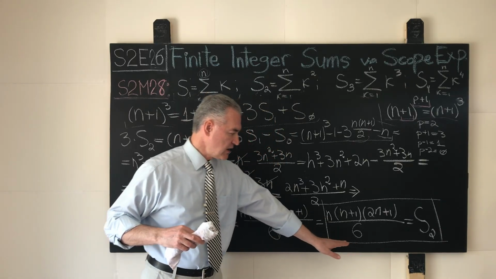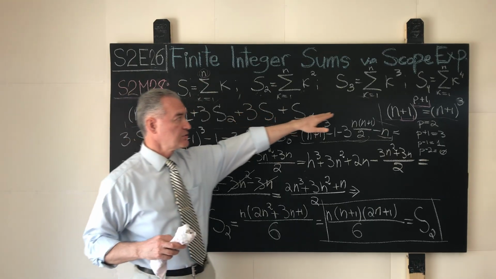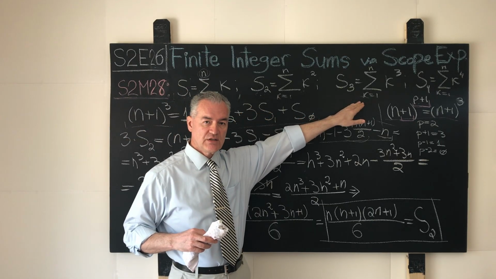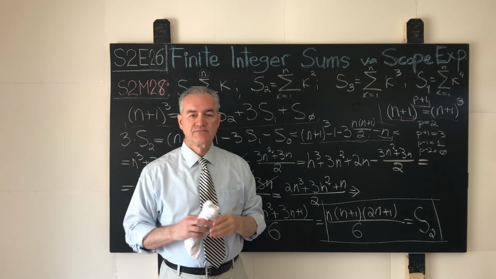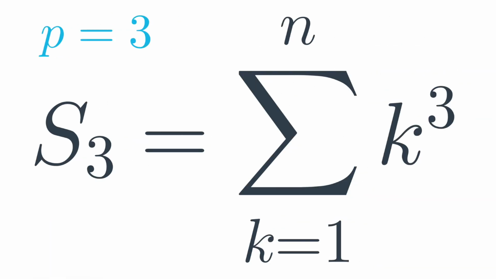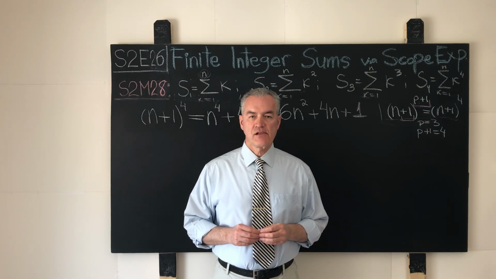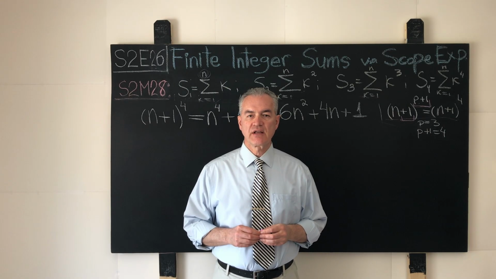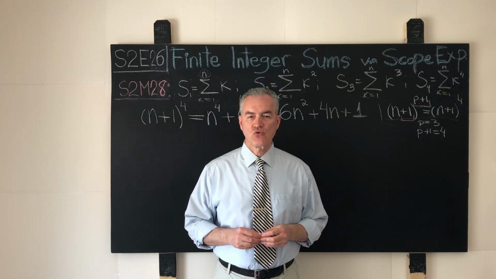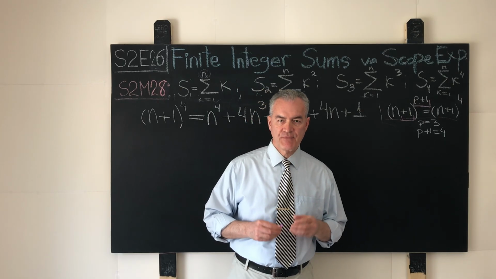And now that we understand how that process worked out for the sums S1 and S2, let us apply this algorithm to the finite integer power sum S3. In this segment, we will apply the algorithm that we described at the beginning of this episode to the process of recovering an alternative expression for a finite integer power sum S3.